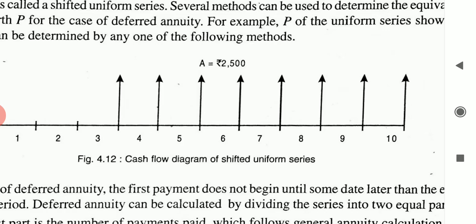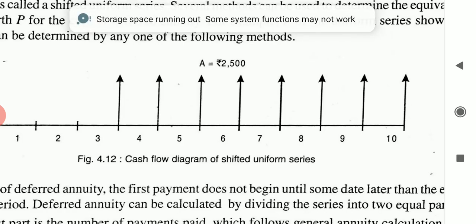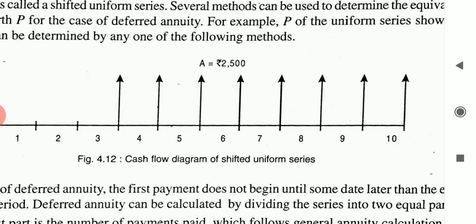The second part is the number of periods. Third, find the present worth of the annuity, then discount this value throughout the pre-annuity period. Hence we will get the deferred annuity.